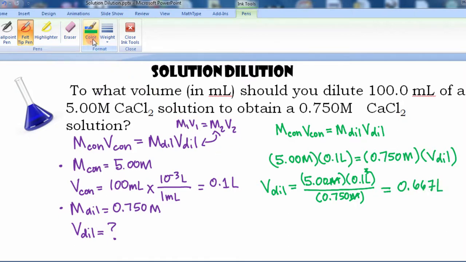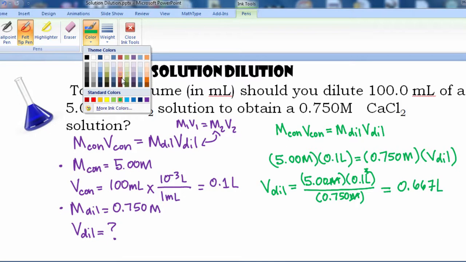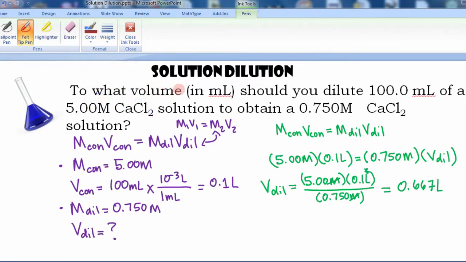Now, the question asks what volume in milliliters. So now we must take this volume in liters and convert it to milliliters.